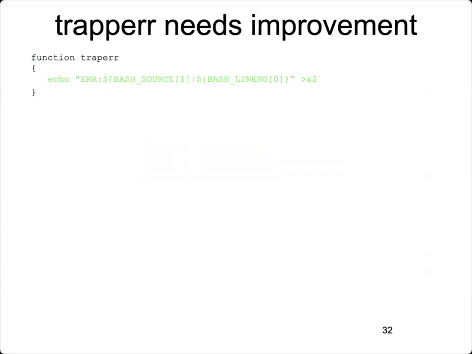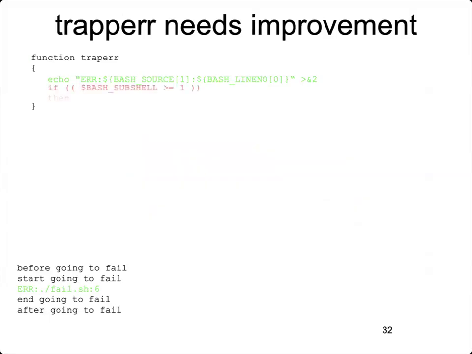This is our trap error as we started with. And now we're going to take that use case and keep changing this trap error function until that test case works fine. So the first thing, we've got it here, it failed, and maybe I've missed it a little bit, it's line 6 instead, but it's the same script.